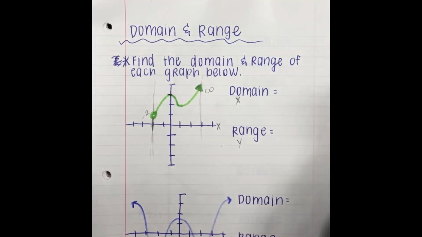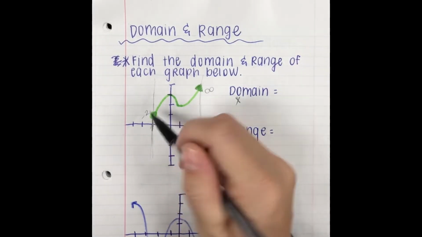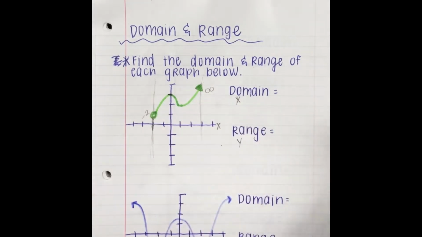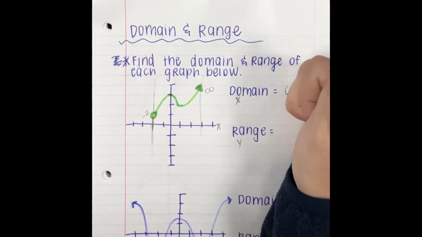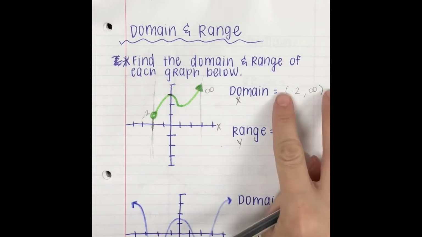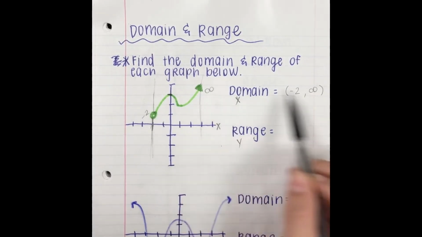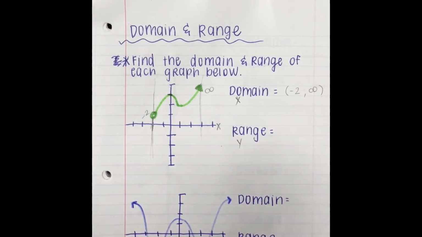So our domain, you can write it a few different ways. Since this is an open circle, it's not fully closed, we can say our domain is -2 to infinity. Okay, both getting parentheses, since this one was an open circle and you can never actually reach infinity, so it gets an open circle.